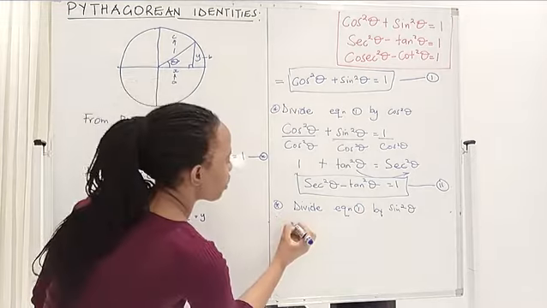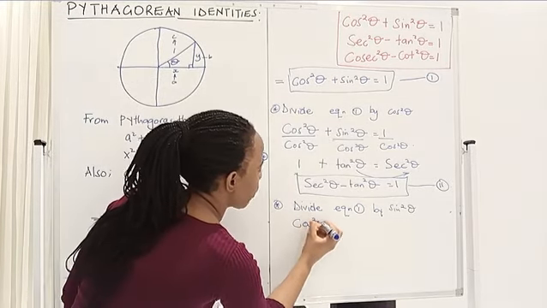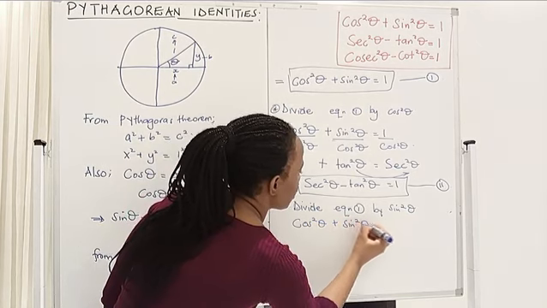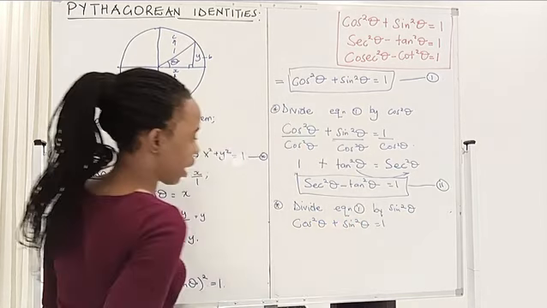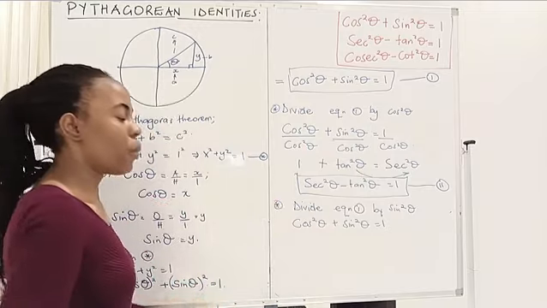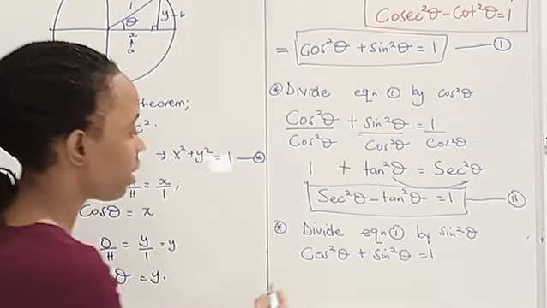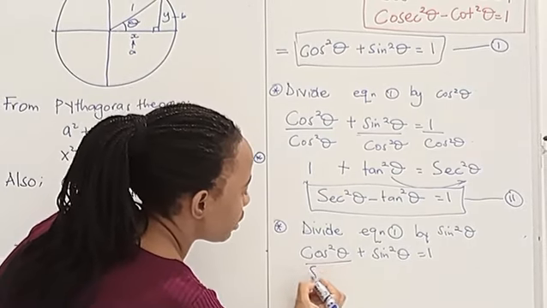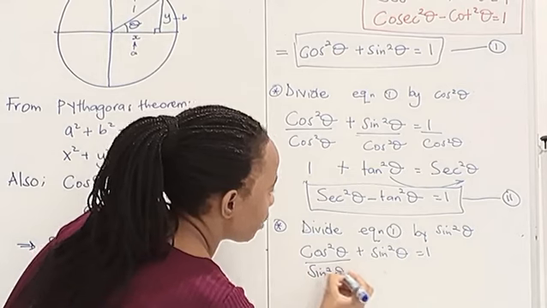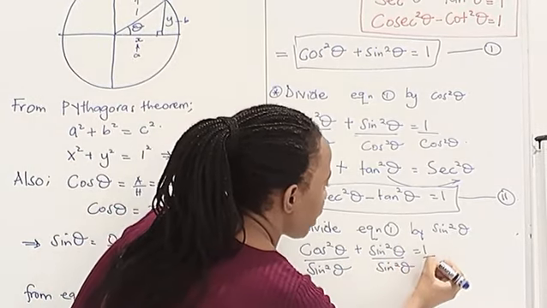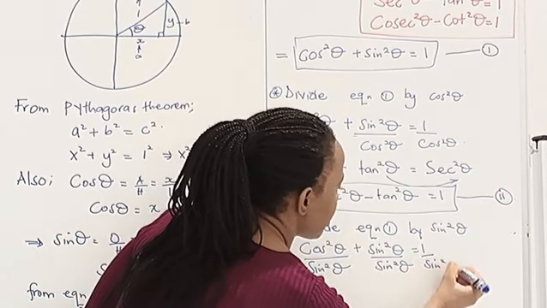Okay, so the original equation is cos squared theta plus sine squared theta equaling to 1. Now this time round, we are going to divide through by sine squared theta. So I will have sine squared theta here, divide by sine squared theta, divide by sine squared theta.